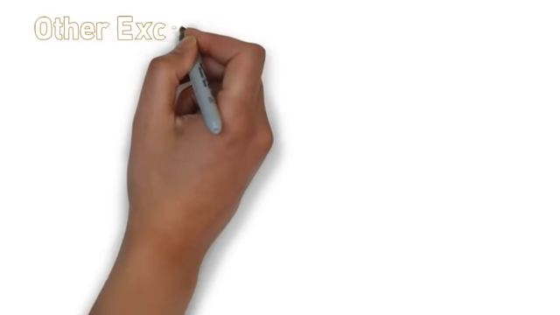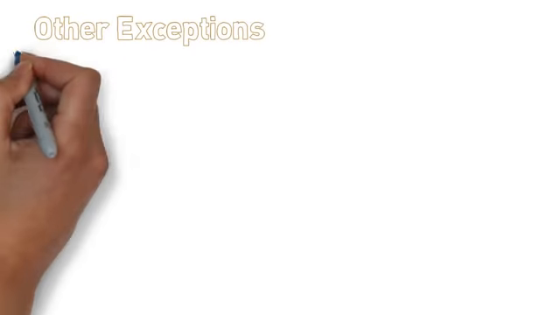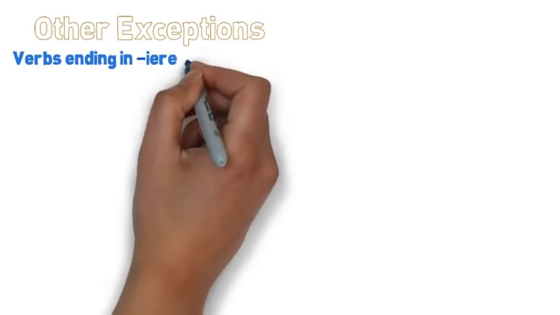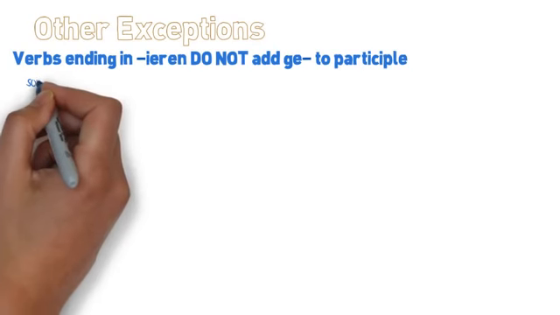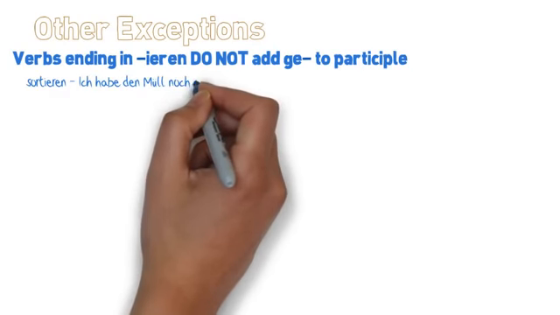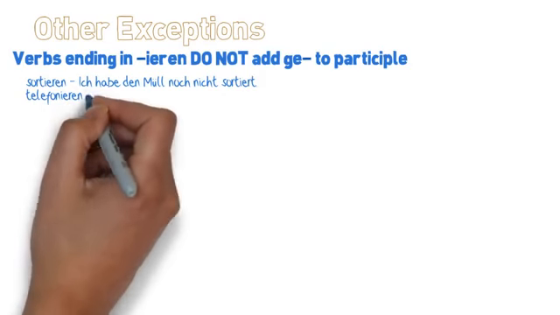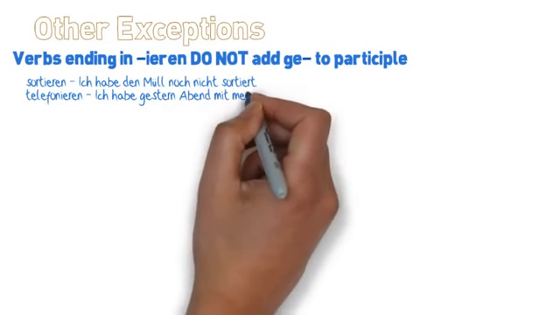There are some other exceptions or quirks that you might also recall. First of all, verbs that end in ieren, ieren verbs, do not add the usual ge to the beginning of the participle. For instance, sortieren would just become sortiert, not gesortiert. Telefonieren would just become telefoniert.